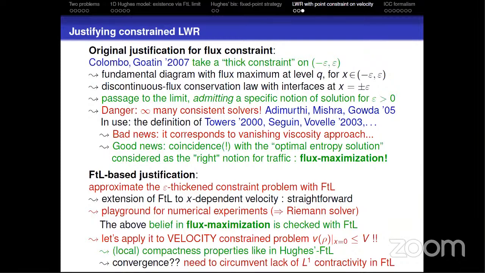And towards convergence, I told Massimiliano, okay, we just need stationary profiles and then L1 contraction, and then we are on the road and we can go very quickly. Okay, already stationary profiles for FTL is not easy because you don't have many particles, but this you can discuss. But what you cannot discuss is the lack of L1 contractivity. It is a fact, you don't have it. And so we have to go to adapted entropy inequalities in the long run.